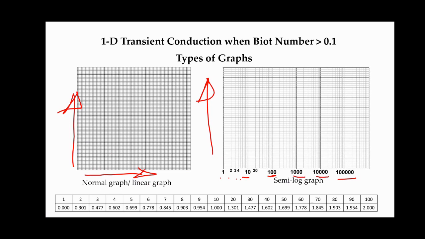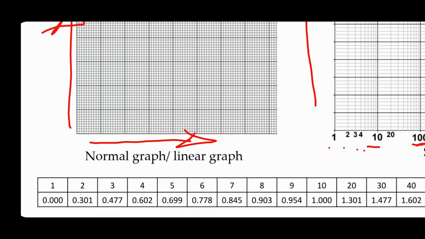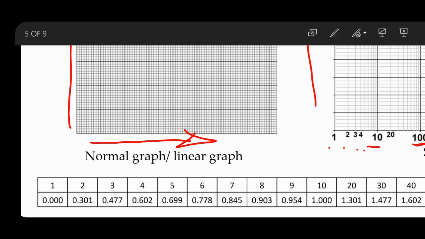Here you can see that the difference between consecutive values is reducing. That is what is happening in the graph. So this is the scale which we are going to use. Once we reach 10, log 10 is 1, and for 20 it is 1.301. You can see that the distance between 1 and 2 and between 10 and 20 is the same, that is 0.301.